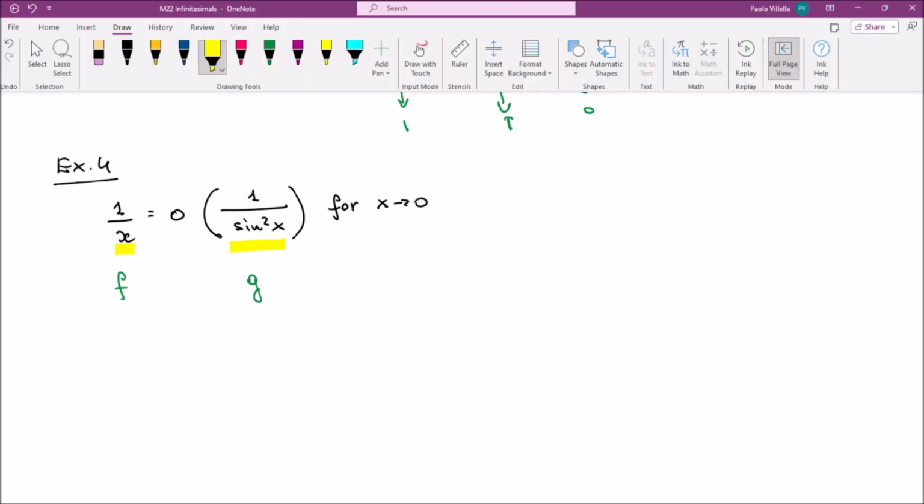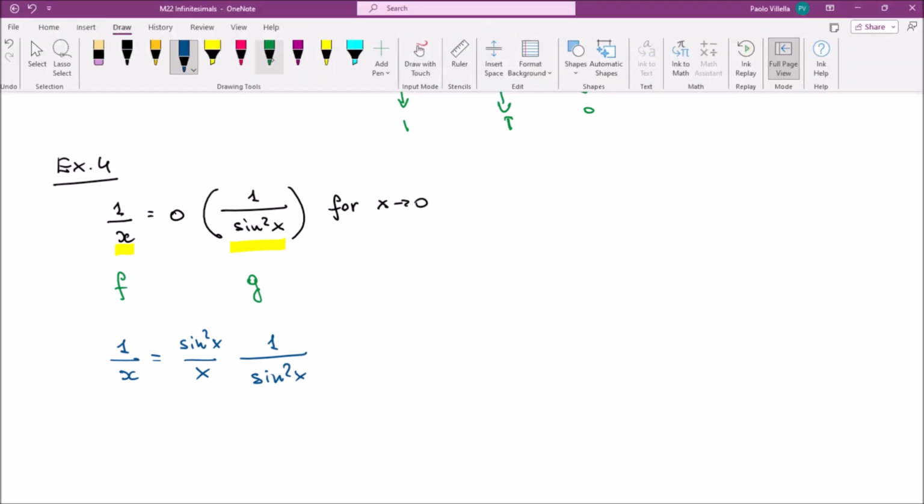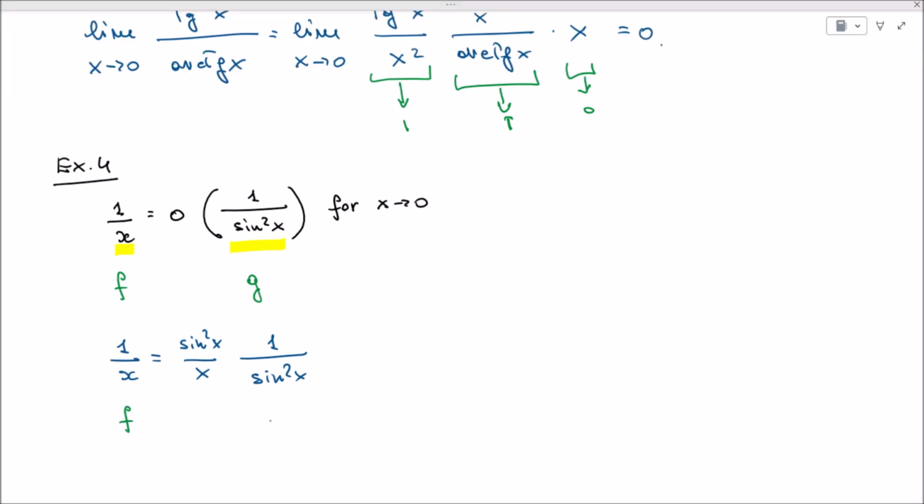Let's see how we can prove this. Well, we can write 1 over x equal to something that multiplies 1 over sine square of x. But this something is clearly sine square of x divided by x. So we immediately recognize that this is f, this is g, this must be omega.